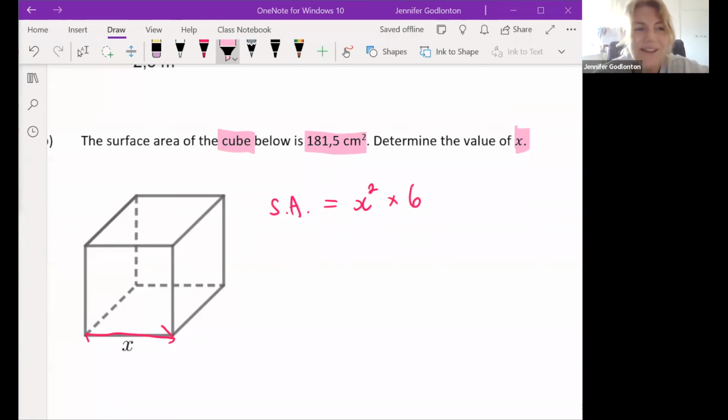Okay. Daria, do you think you can help me work through this question? Hi, ma'am. So ma'am, I did 5,5 squared times 6, which gave me 181,5 centimeters squared.